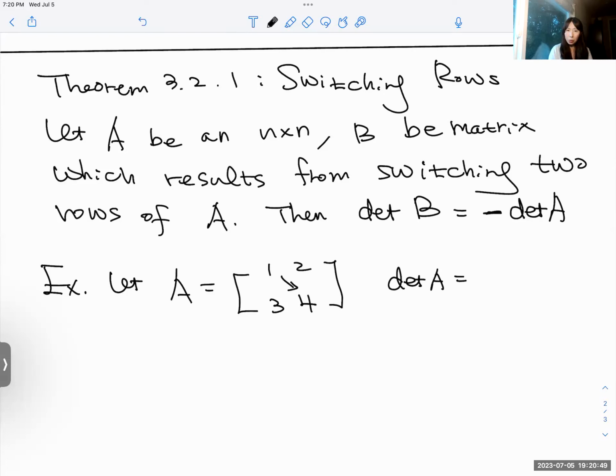We calculate it this way: 4 minus 6, which is -2. Now we have B equal to 3, 4, 1, 2.